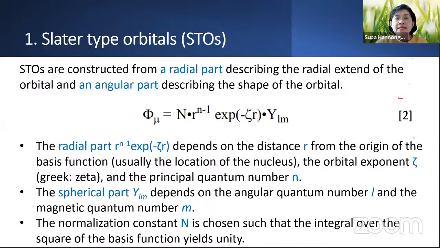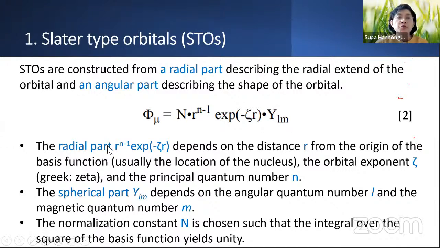The n is the constant normalization factor, which also has some very important properties, and the Y_lm over here is the angular part.